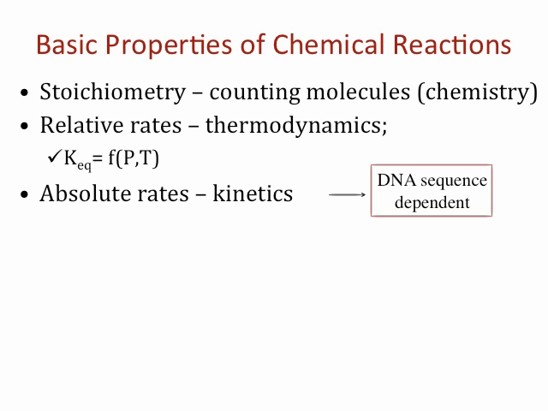As we pointed out in lecture 2, the shape of the surface of an enzyme molecule is encoded in the sequence of the gene, and of course the sequence can change, and therefore the kinetics can change. The absolute rate is therefore a biological property, unlike the first two.